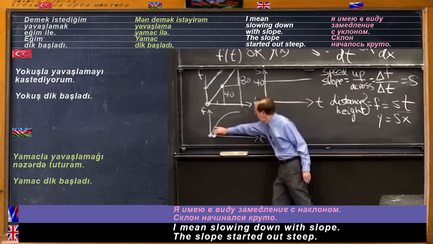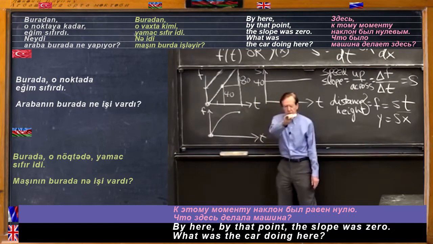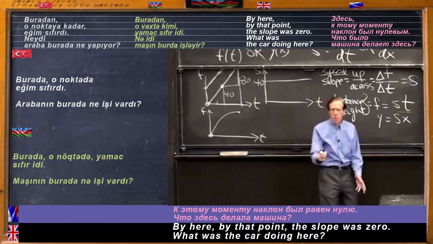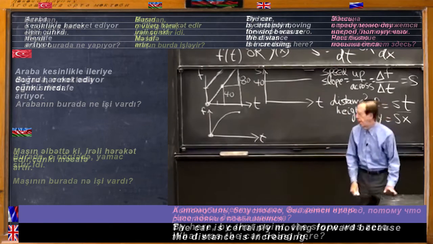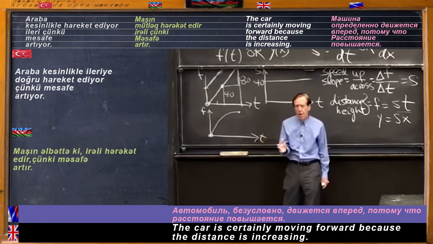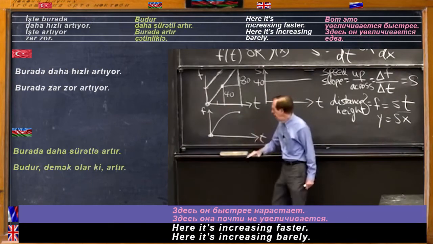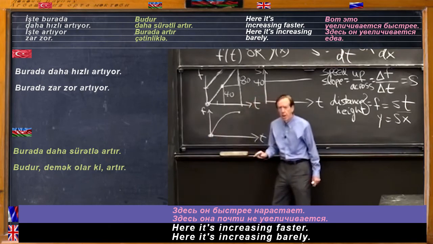The slope started out steep. It got, oh well, by that point, the slope was 0. What was the car doing here? The car is certainly moving forward because the distance is increasing. Here it's increasing faster.